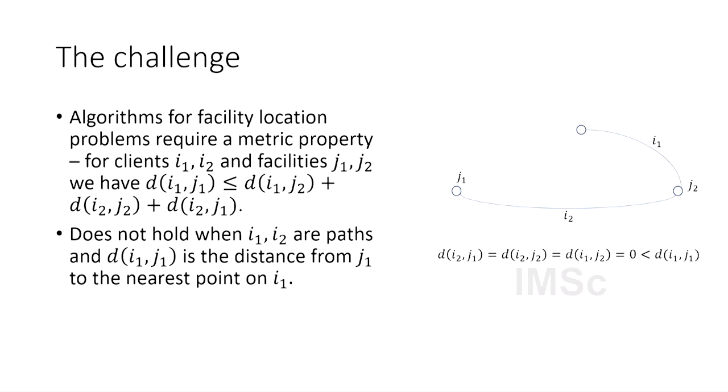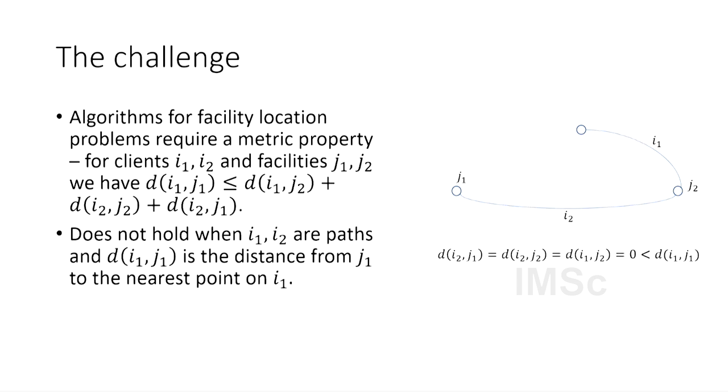So a natural question to ask is, there is so much literature available on facility location problems. Why not use some of those techniques to solve this? What's the challenge? The challenge is that in all of this work on facility location, you assume that you have a metric. And we are also assuming that there is a metric on the points.